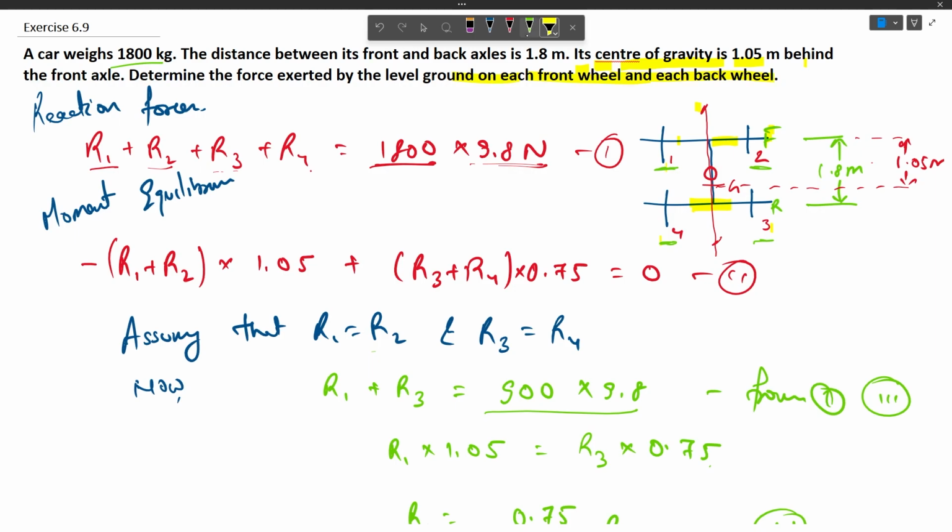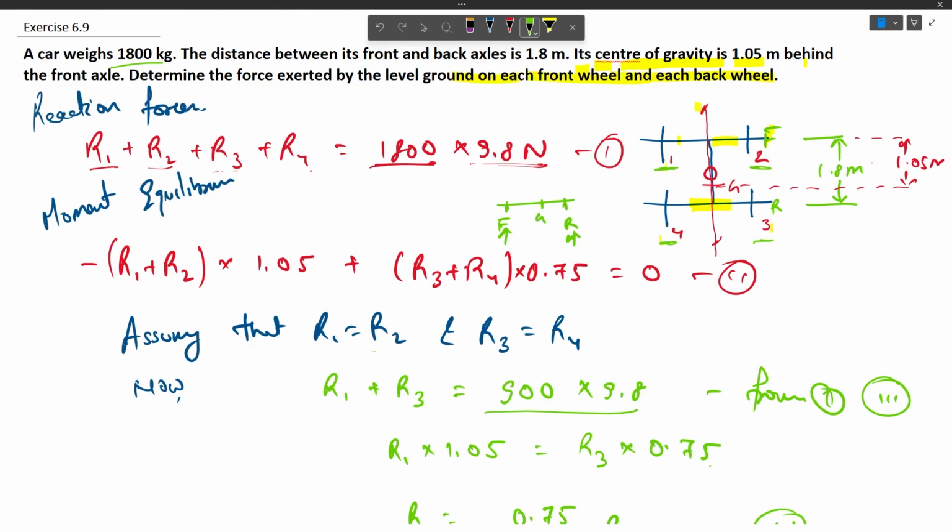So if we see the car in this way in the side view, so this is the front axle and this is the rear axle, and the point G is over here. Now when there is a reaction from the front wheel, so it will try to rotate the car in clockwise direction, that is why minus sign is over here, and the reaction from the rear wheel will try to rotate the car in anti-clockwise direction, so it is plus. Now this should also sum up to 0.